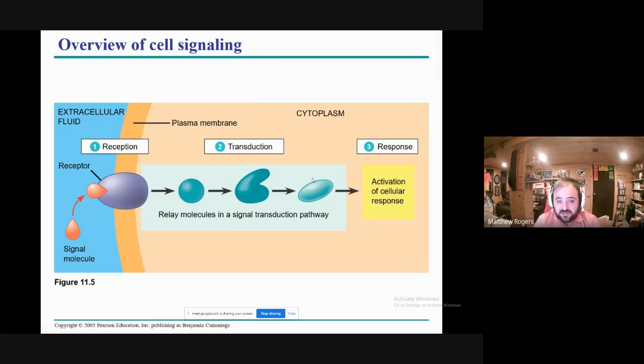That is whatever the cell is going to actually do. But for the first 2 are what we're going to learn, and this is our main focus.